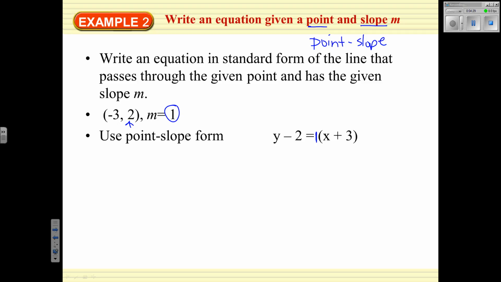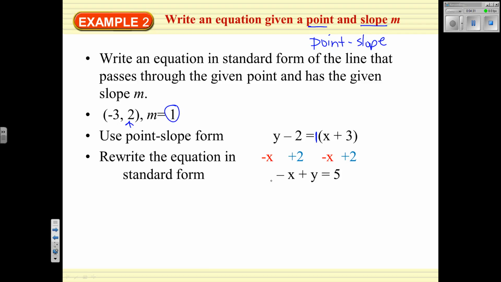So this is what they've done here. It sounds confusing. I'm going to take that 1 away just so you can see. We want the x and the y on one side. We're going to move the x to this side so that we get the x and y on this side, and we're going to move the 2 to this side so we get the constant on this side, or the c. So we subtract x from this side and subtract x from this side.